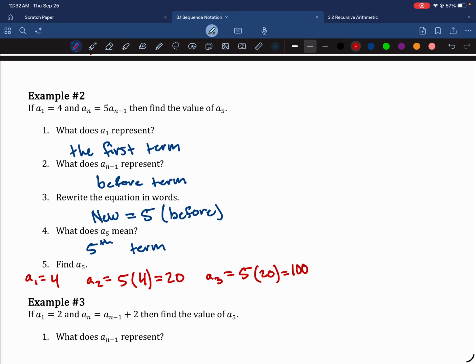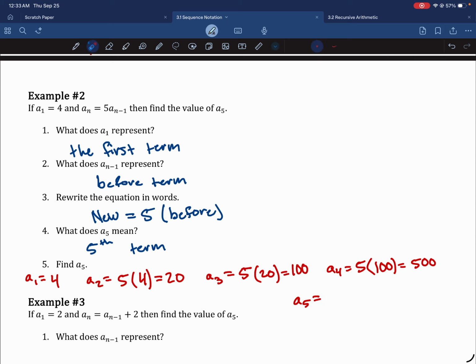Now let's find a sub 4. A sub 4 is 5 times the before term, which is 100. So a sub 4 is 500. Okay, now we're finally ready to do a sub 5.